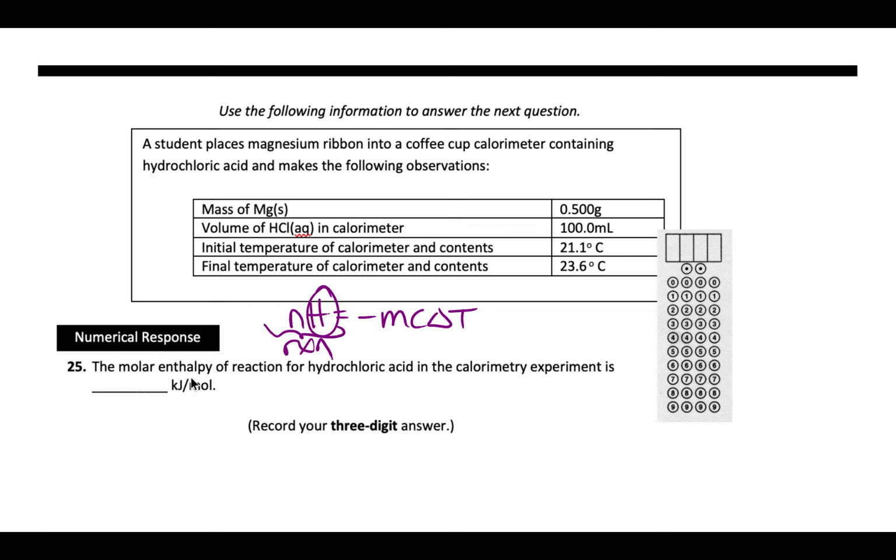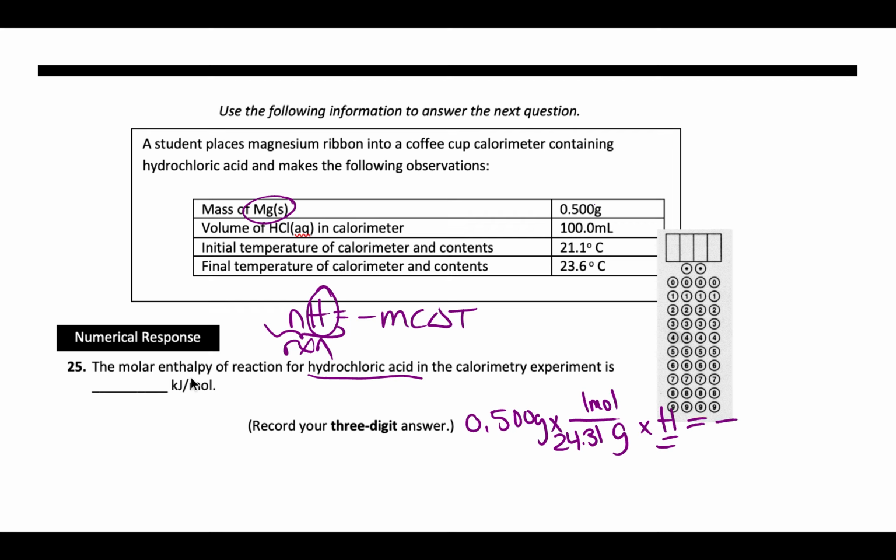Now, in this question, we don't have any information about the acid, which is where I wanted to start because it says HCl. So because we don't have information, but we do have about the magnesium, we'll start there. So the magnesium is 0.500 grams. We want to multiply this by the molar mass of magnesium, which is 24.31. We're solving for H, and that will equal the mass of the water.